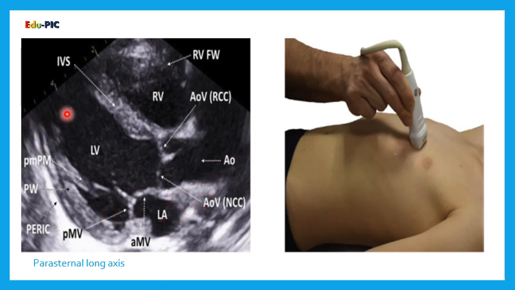This is the left ventricle, interventricular septum, right ventricle, and this is the aorta and LVOT. This is the mitral valve, posterior leaflet and anterior leaflet, and we have here the left atrium, and this is the ascending aorta with the aortic valve.